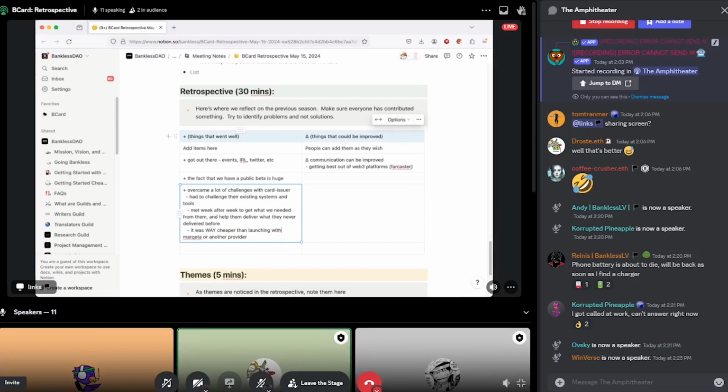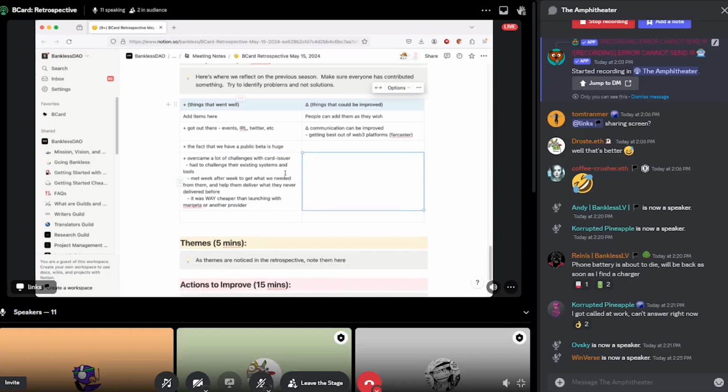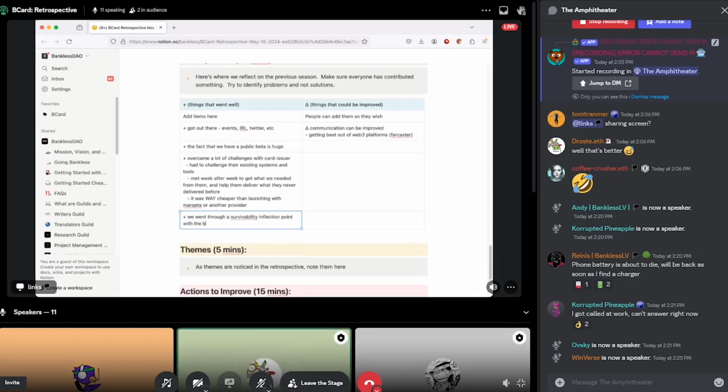I'd like to piggyback and just say that we just went through a survivability inflection point with the branding thing. This whole project could have completely died about three months ago, right about the time we were getting with our processor, and it didn't. I think that's something to celebrate.